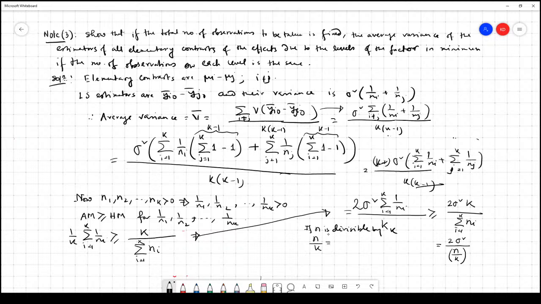So this is the condition required in that case. So n by k we can take n naught. So this is equal to 2 sigma square n naught. Okay? And equality holds, we know, for arithmetic mean equal to harmonic mean when the ni's are all equal.